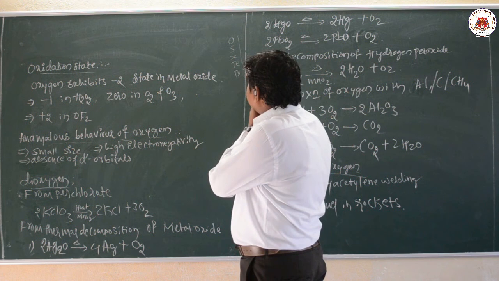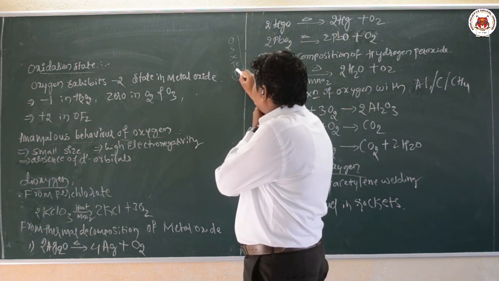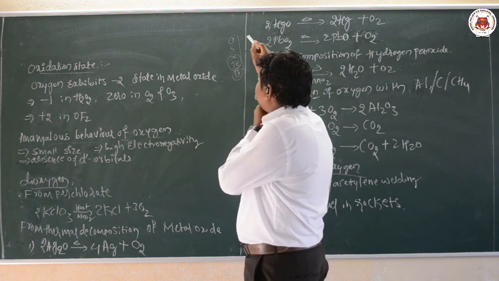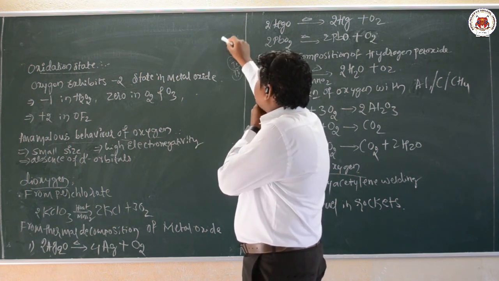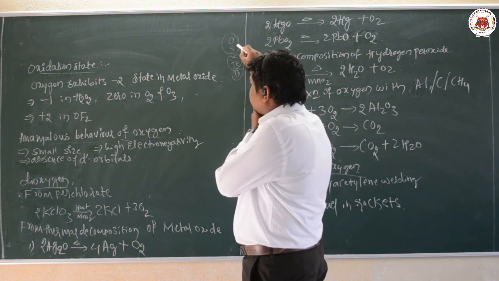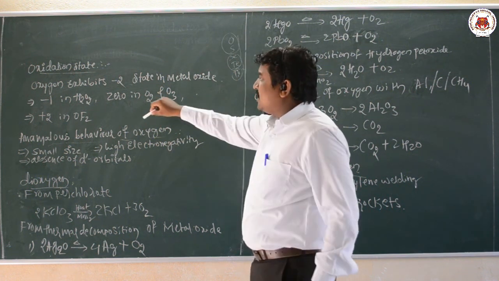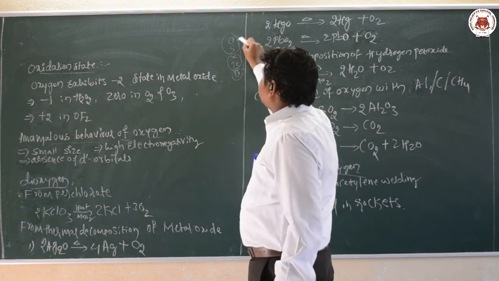Down the group metallic character increases, polonium is a typical metal, these two are metalloids and these are the non-metals. Now, the anomalous behavior of oxygen, the top element.